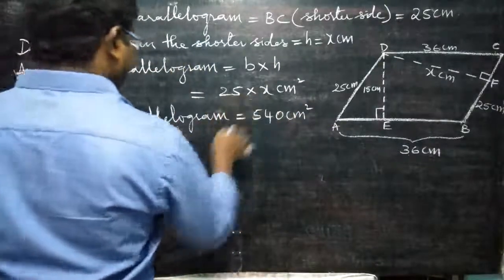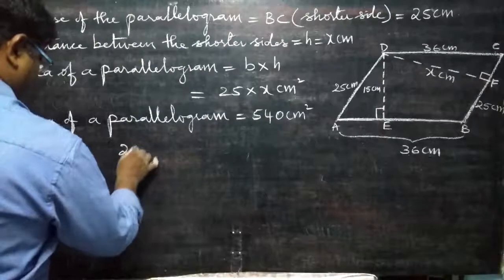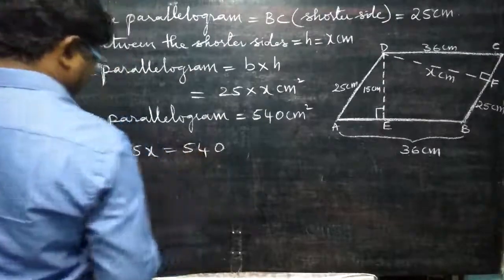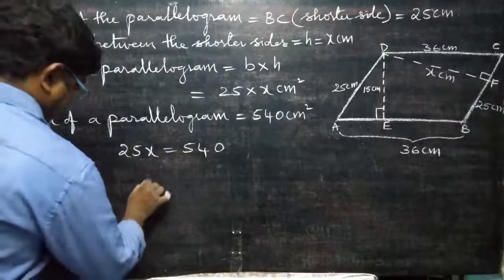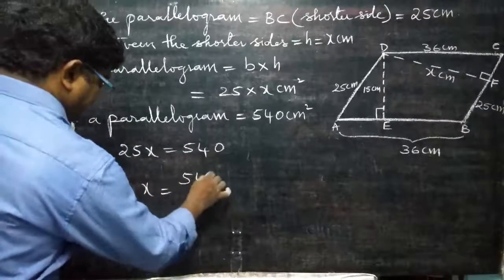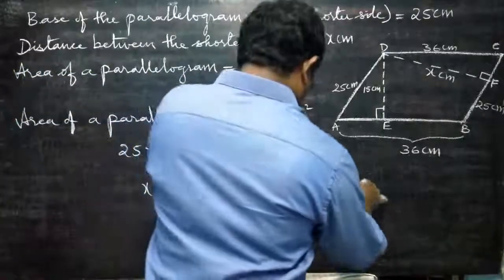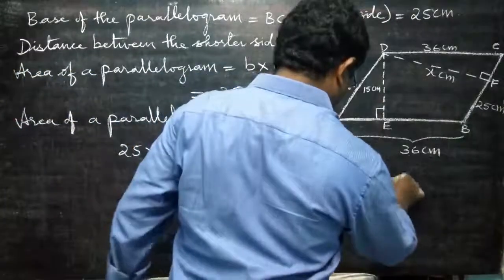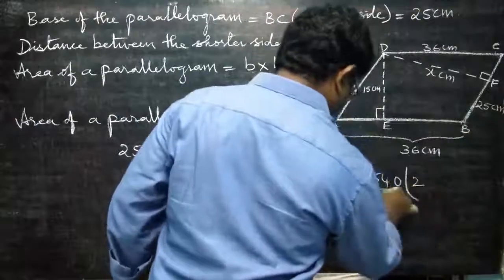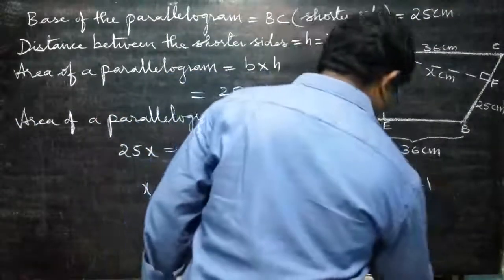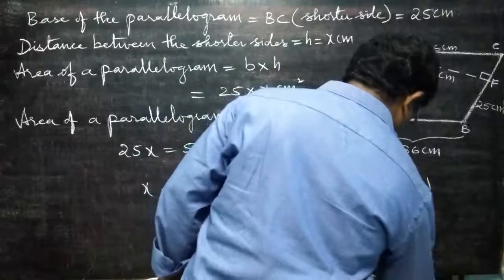Now compare. This is 25x centimeter square. So 25x is equal to 540. X is equal to 540 by 25. Divide. 25 2s are 50. 4. Next 40. 25 1s are 25. 15 remaining.